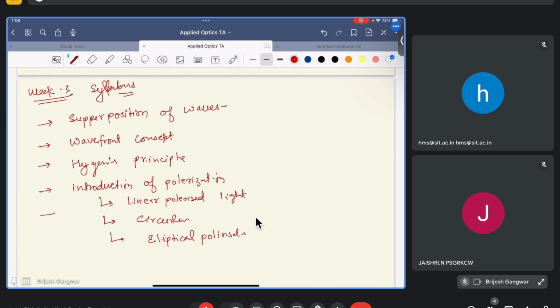Superposition of waves, I think you should already know if you have read it in 12th. You also have some idea of the wavefront concept and Huygens principle. Polarization may be a little difficult, but you have an idea about all these topics. We will discuss a little bit.